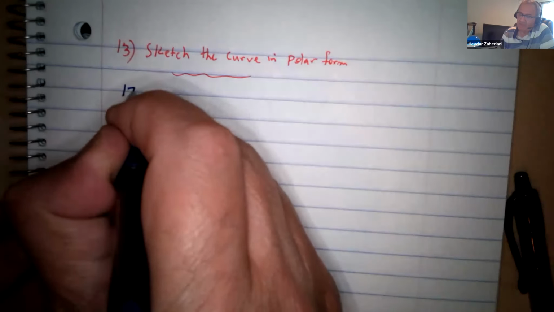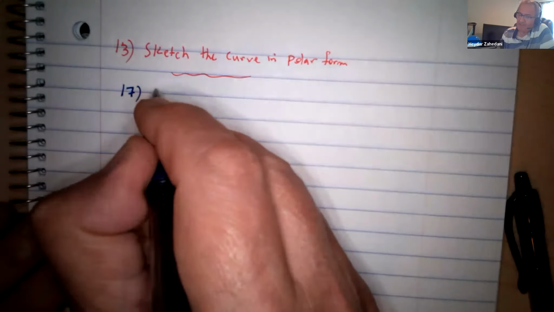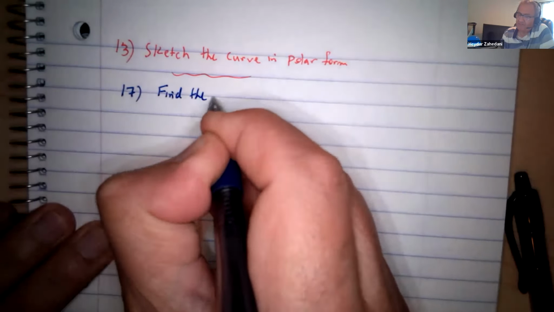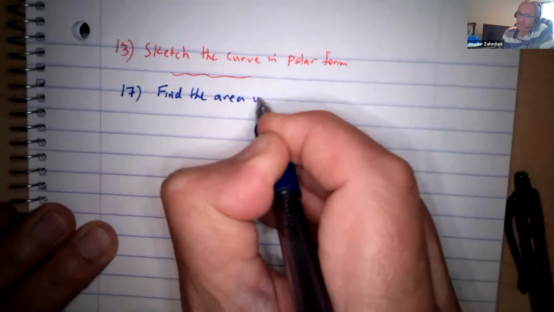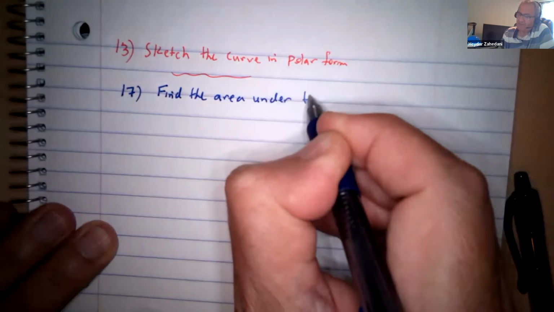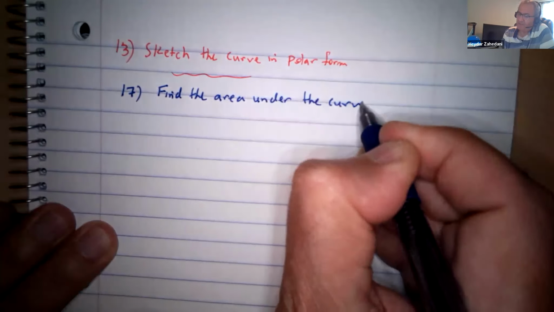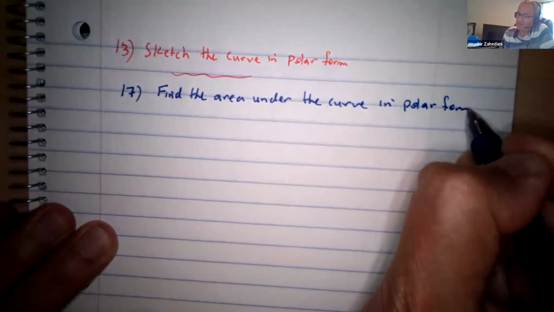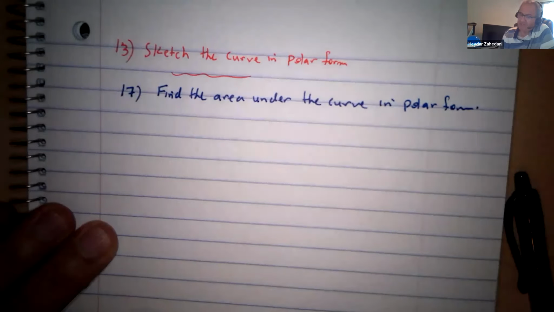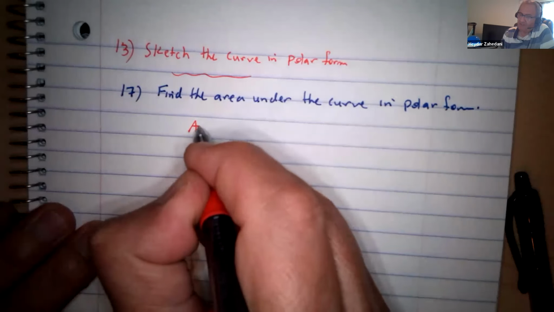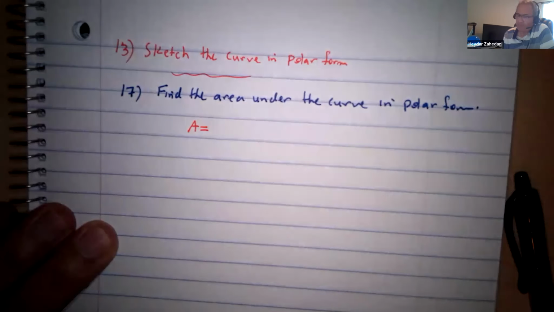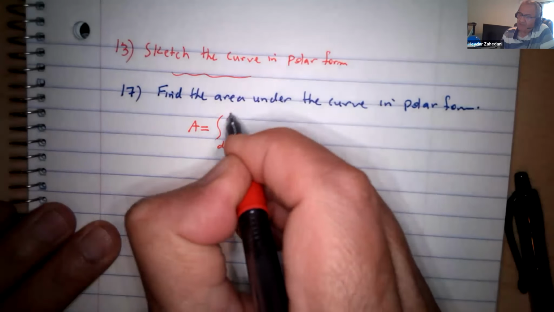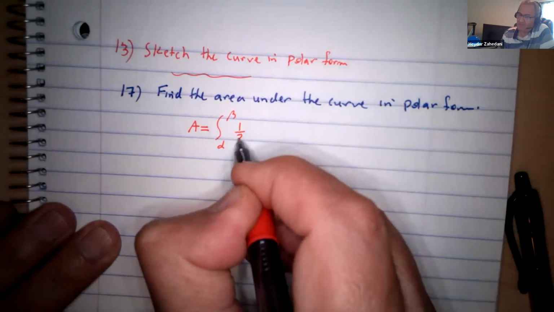But the next topic is number 17: find the area of the curve in polar form. It's a very easy question, and we already give you the formula. The area under the curve is A equal to the integral from α to β of 1/2 r squared dθ, or f(θ) squared. But you must remember the formula.